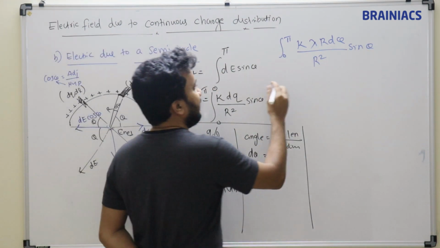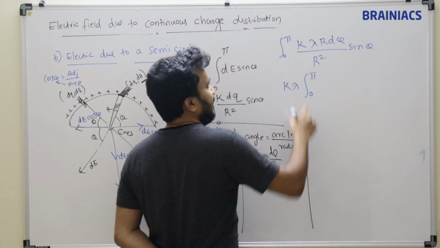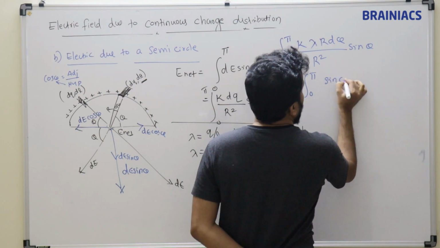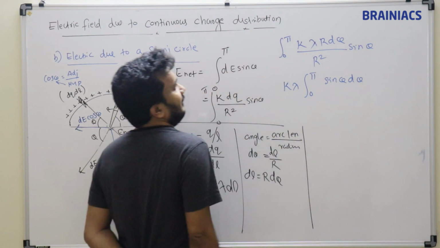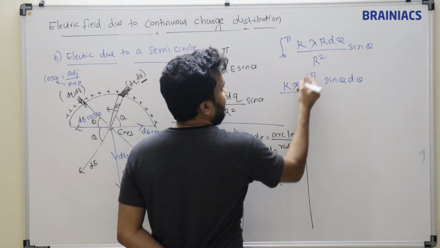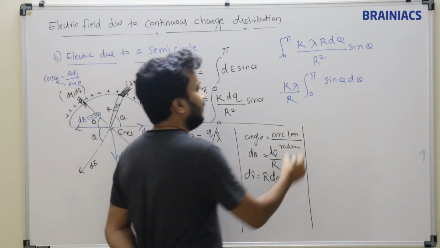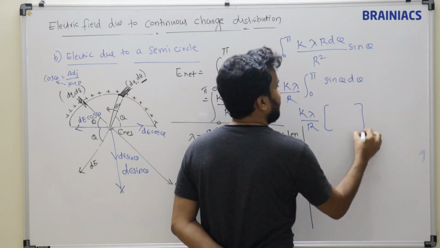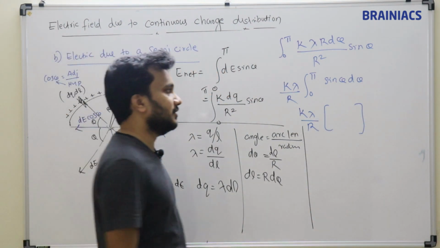K lambda is common, we can take it out of the integration. So K lambda into the integral from 0 to pi, the r square and r get cancelled. So what is coming? Sin theta d theta, and this r and this r cancel, with one r extra in the denominator. So K lambda divided by r. We are applying the limit. What is the integration of sin theta? Cos theta or minus cos theta? Minus cos theta.